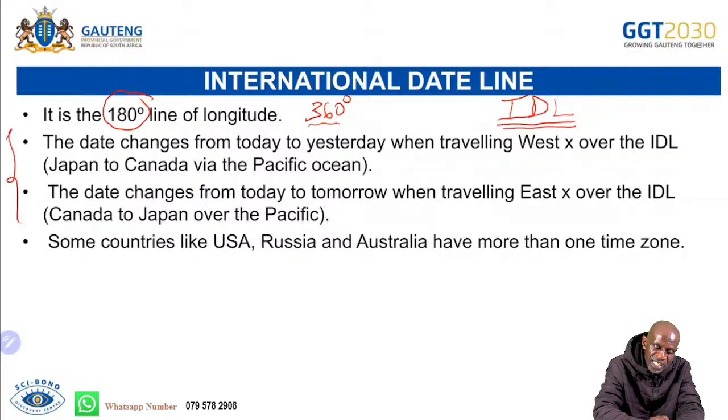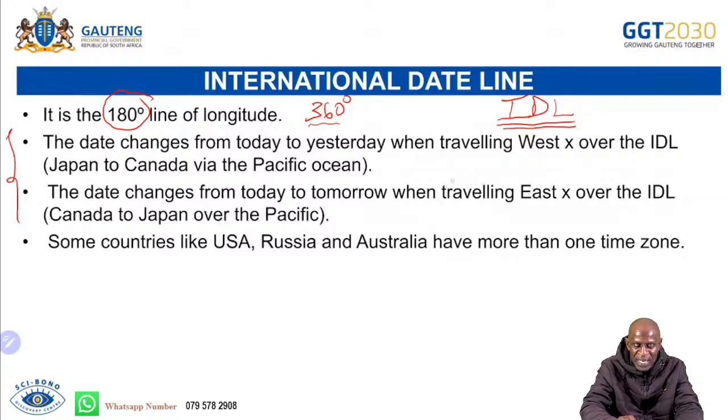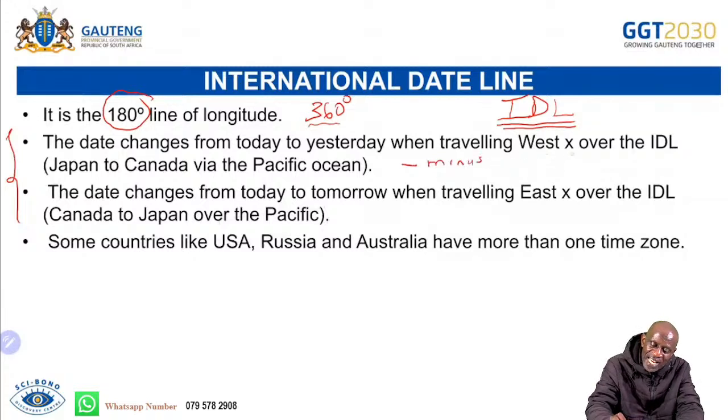So let us scrutinize the two. Remember, when you go towards the west, you will have a minus sign. So meaning that you subtract the time from east to west.